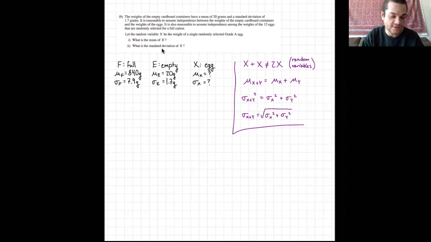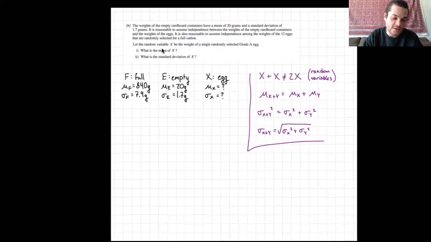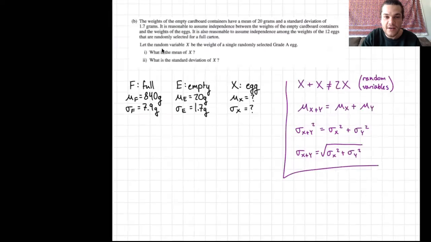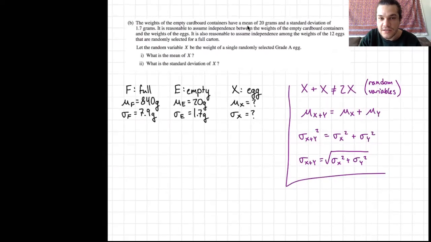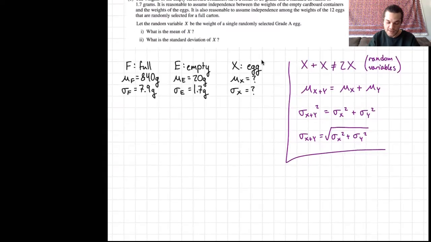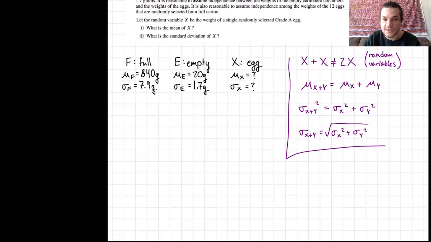Okay, so let's actually read the question now. So pretty much we have the weight of an empty container. We have the mean and the standard deviation of the empties. Now we want to find the standard deviation and mean for just the eggs. They gave us the full cartons before. They just gave us the empty carton info. And now we want to find the stats for just the eggs. So I've already prepped a little bit.